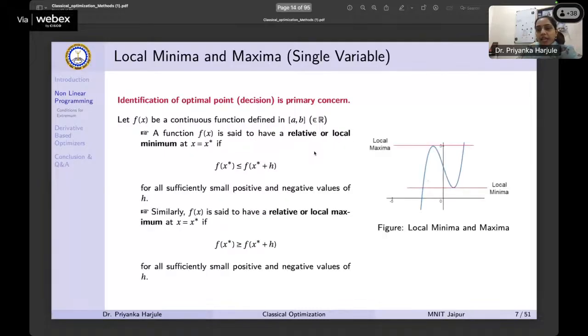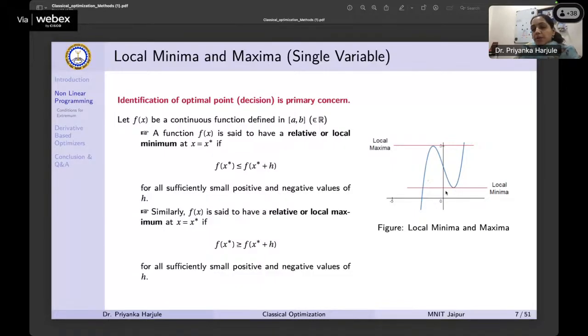That is, if you take any subset of this interval, supposing this is the subset, and supposing this is the local minimum point, then the value of the function at this point is going to be less than the value of the function at all the other points which are here or which are here.